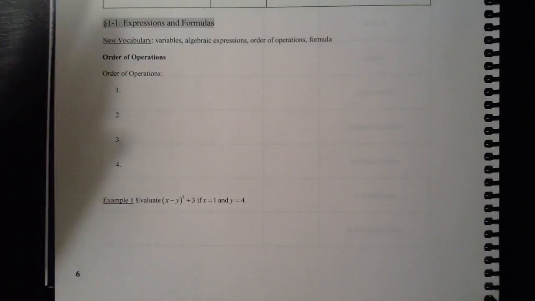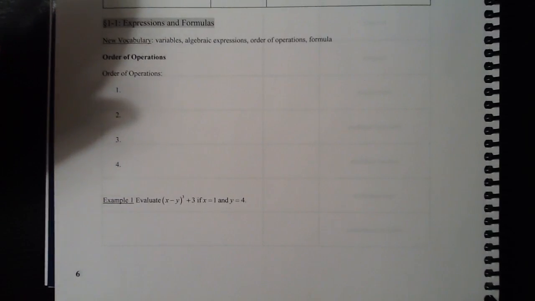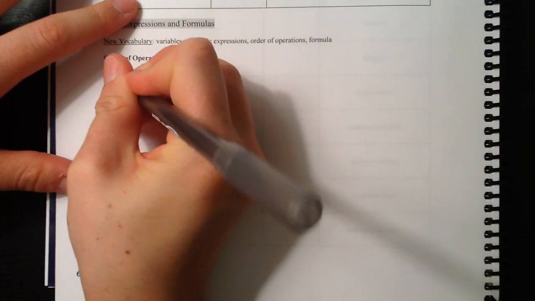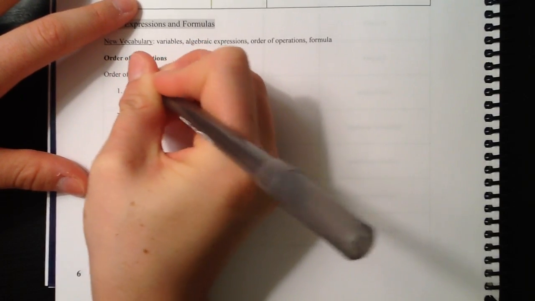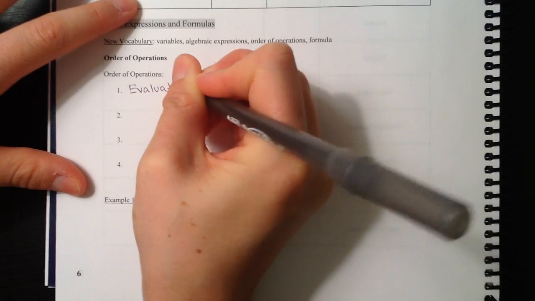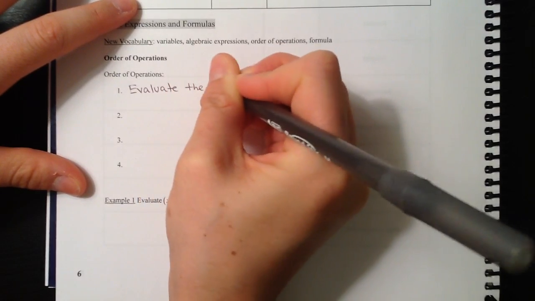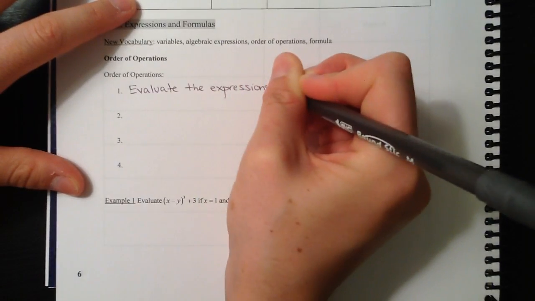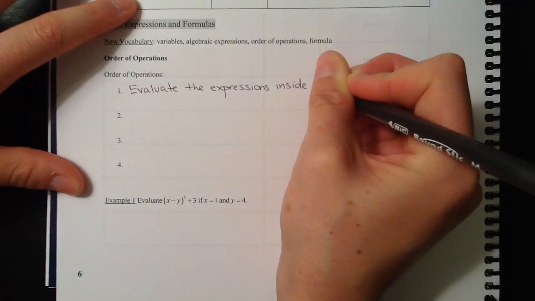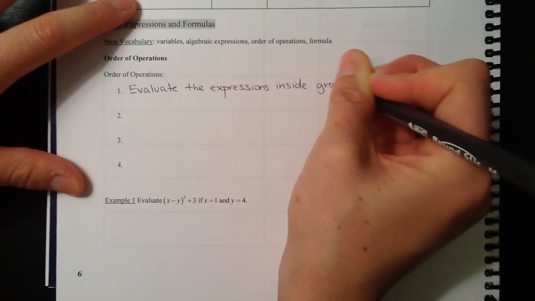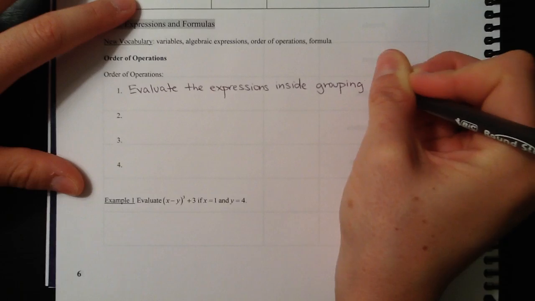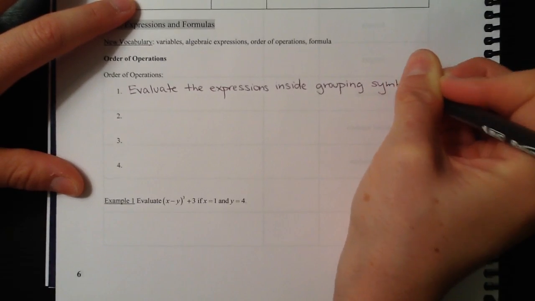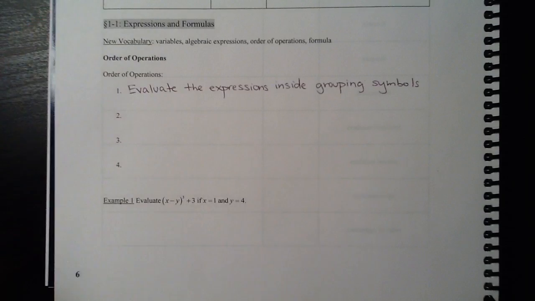Okay, order of operations, step number 1 is to evaluate expressions inside grouping symbols. Here we use the phrase grouping symbols instead of just saying parentheses.